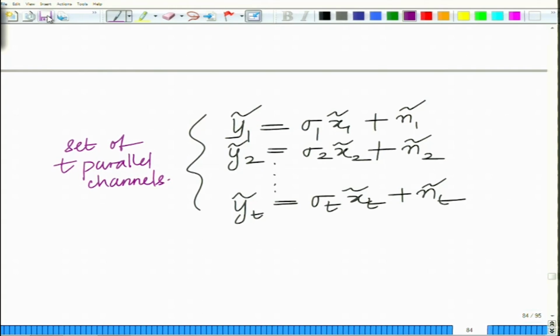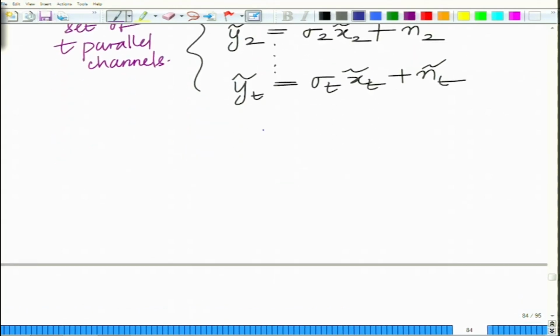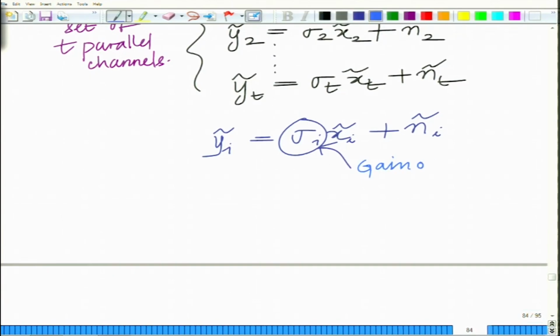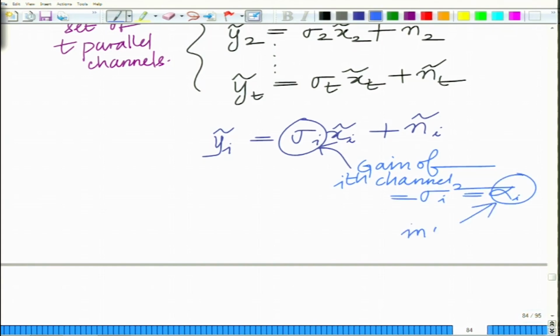This is the set of t parallel channels, correct. If you look at the ith channel, this is yi tilde equals sigma i xi tilde plus ni tilde, where sigma i is the amplitude gain of the ith channel, so the power gain will be sigma i square, which is alpha i in your optimal power allocation framework.